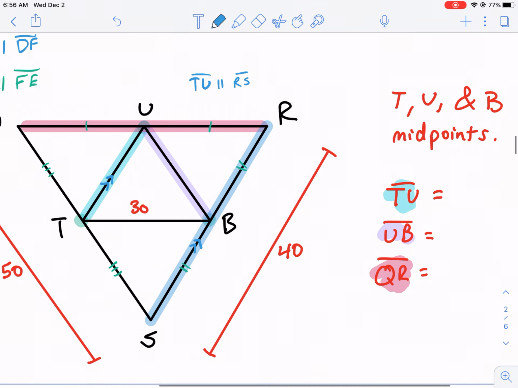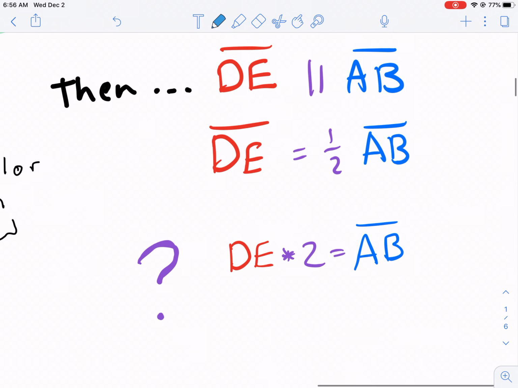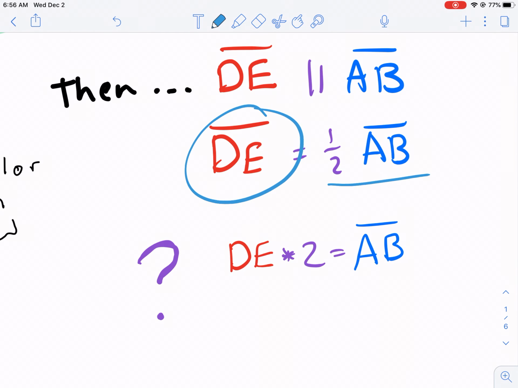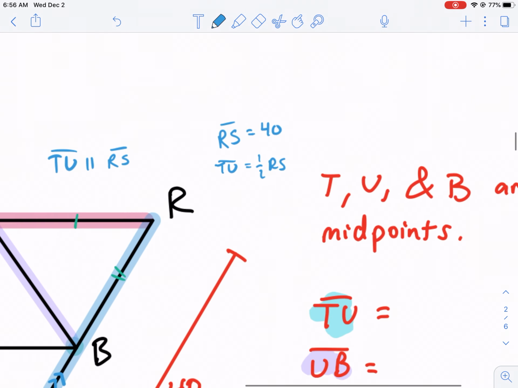Now, we know one of those lengths. We know that RS equals 40. What else do we know? We know that TU equals 1/2 of RS, because that was the definition of the midsegment. The midsegment is half of the corresponding parallel side. So we're just going to plug in what we know.